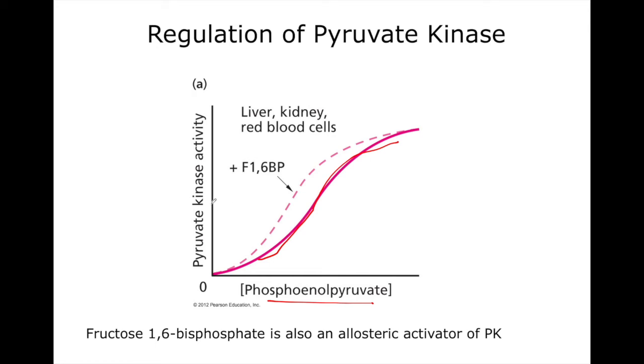We have a higher apparent Km. However, when fructose 1,6-bisphosphate is present, it allosterically binds to pyruvate kinase and our curve shifts to the left. Therefore, our Km is going to be smaller, giving us a higher affinity for that substrate.